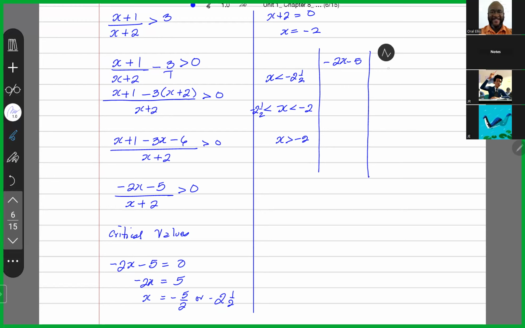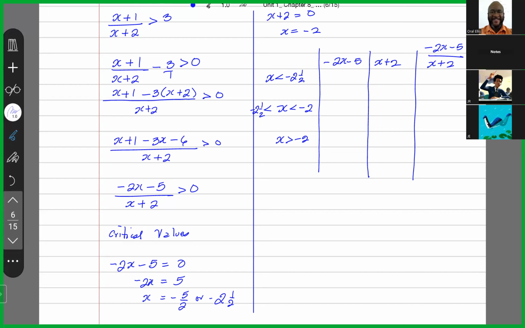The denominator is x plus 2. And the function is minus 2x minus 5 over x plus 2. And what we are searching for are the values of x that are going to cause the function to be greater than 0.